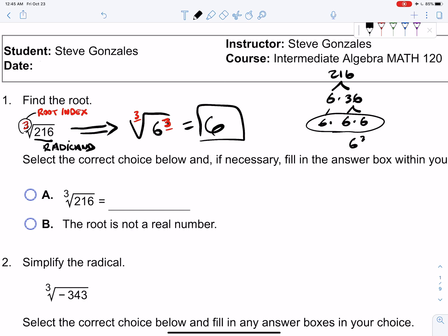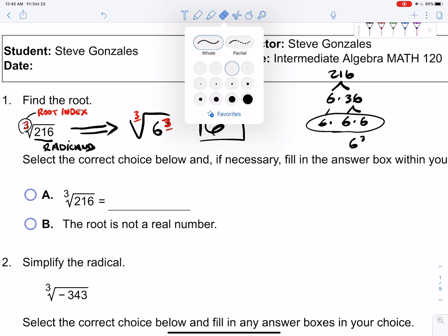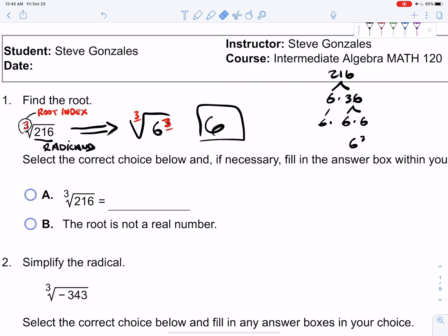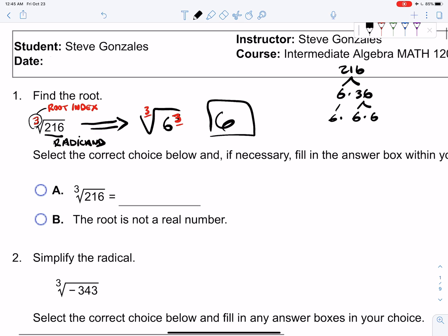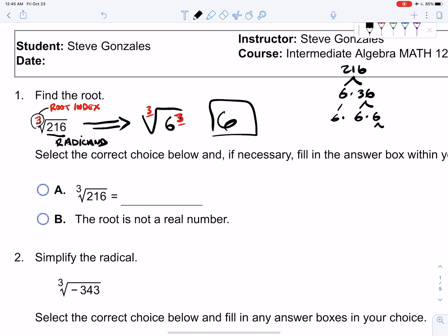Just to tackle that idea that someone sometimes asks in class, they might say, well, how did you know to stop at 6? Because I would have continued and factored it down to prime factorization, and we'd get different answers. And I'd say, nope, you wouldn't get different answers. So we started with 216, and that was a cube root.